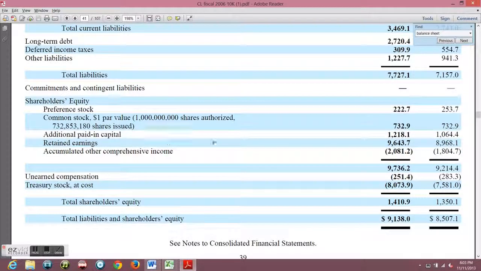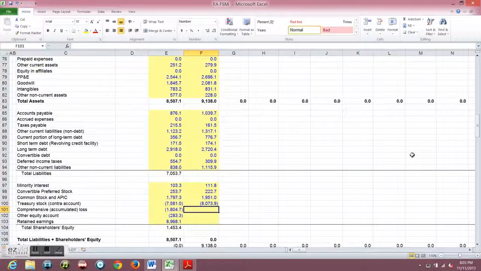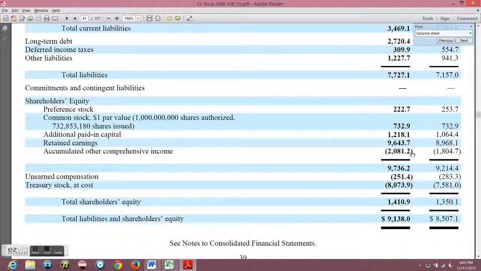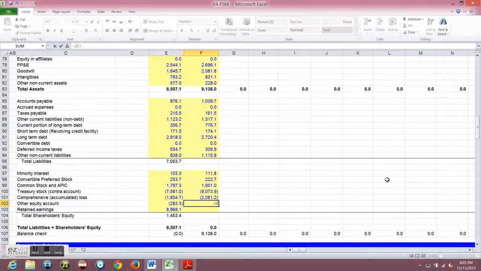And this is essentially other losses that we need to list out in our equities, which we're not really concerned about. Other equity account is going to be unearned compensation, which is going to be negative 251.4. These are accounts that we do not really have to worry about what exactly they include. Retained earnings is going to be 9643.7.